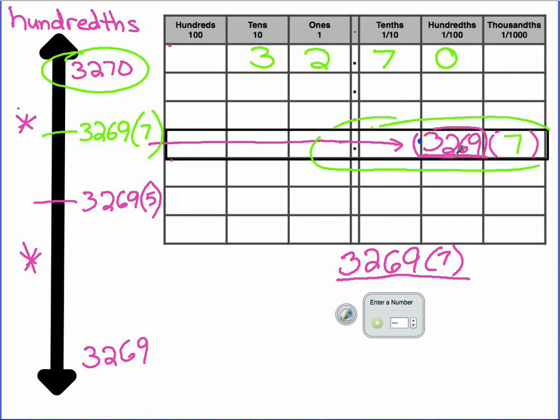And that just leaves you with the number, just like this. So, on 1A, it says round to the hundredths place. What are you going to write down on your paper? 32 and 70 hundredths, or 32 and 7/10, right?